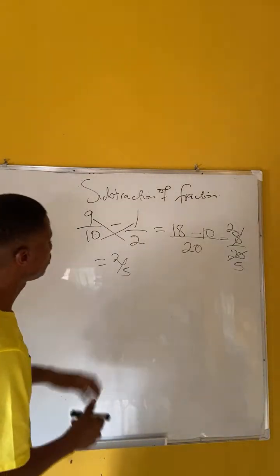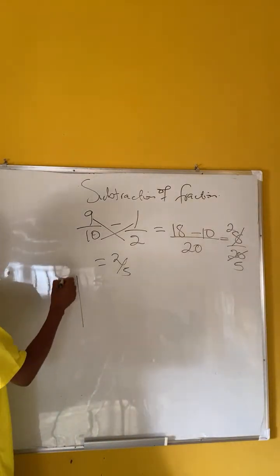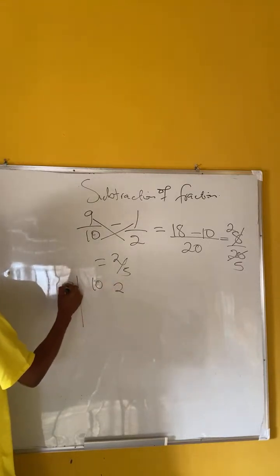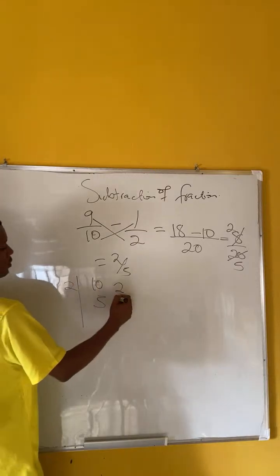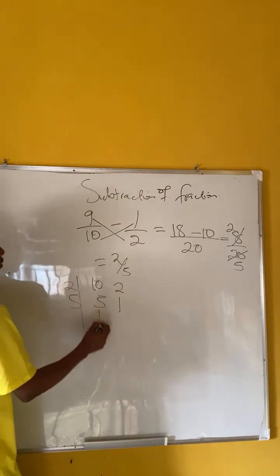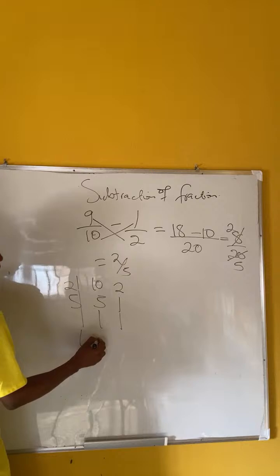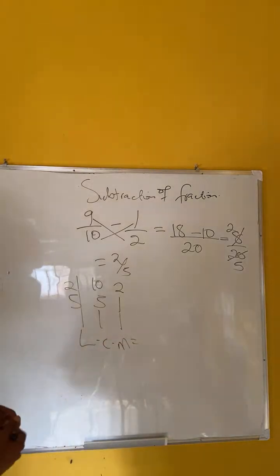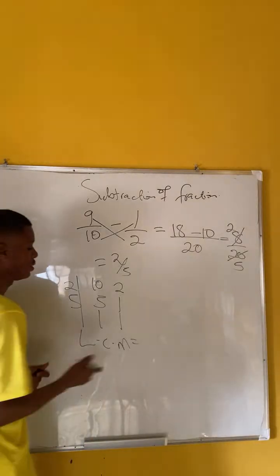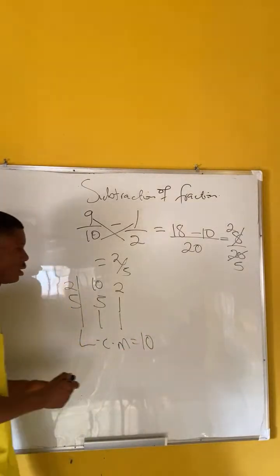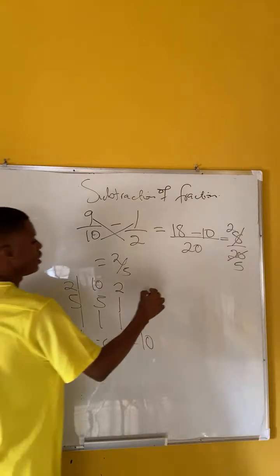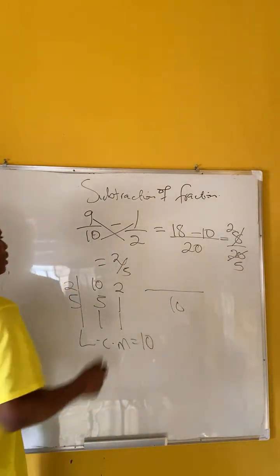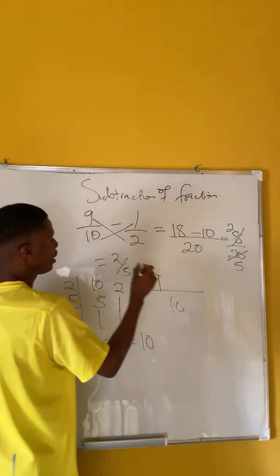So another way to do that is to find the lowest common multiple of 10 and 2. 2 will divide 2, 5 will divide 10. So the LCM will now be the product of the numbers, which is 10. So you draw a straight line and write 10. 10 divided by 10 is 1. 1 times 9 is 9.